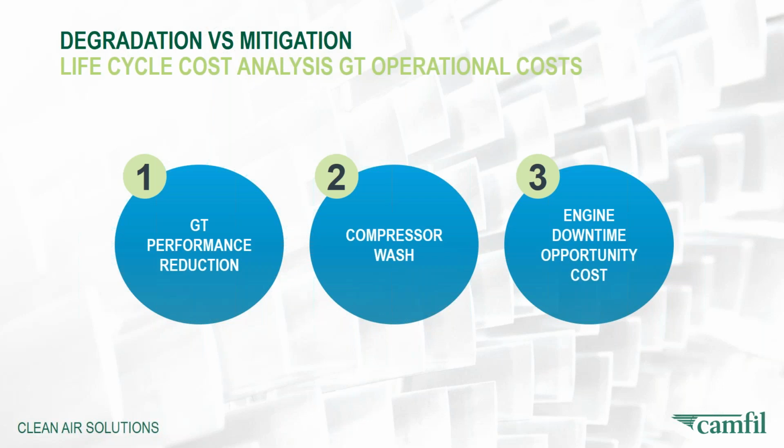Compressor washing sometimes is a big deal for a site, sometimes it's not. But when you consider the cost for compressor washing, the cost of the materials to do the wash is kind of minor. But if you have to come down for an unplanned stop, or you have to schedule time to come offline to do a wash, that can be very expensive. And if that's part of your conditions, we need to make sure to factor that in.